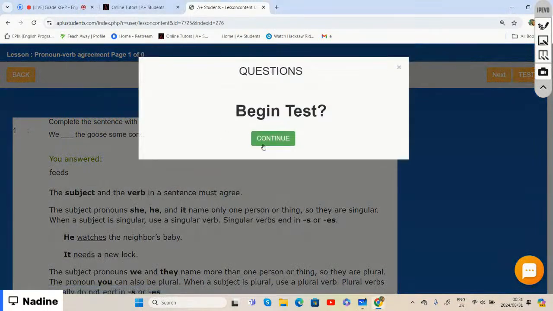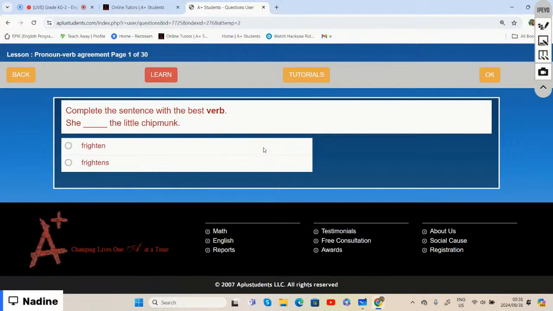All right, let's go to our test. Here we need to complete the sentence with the base verb.